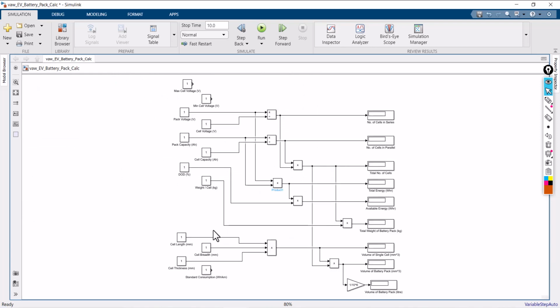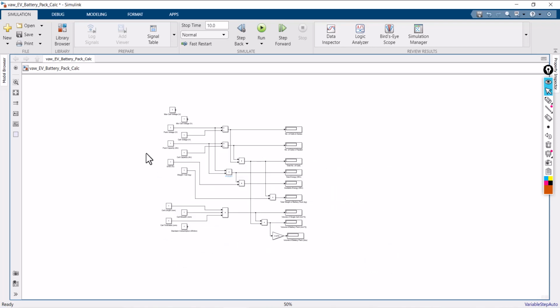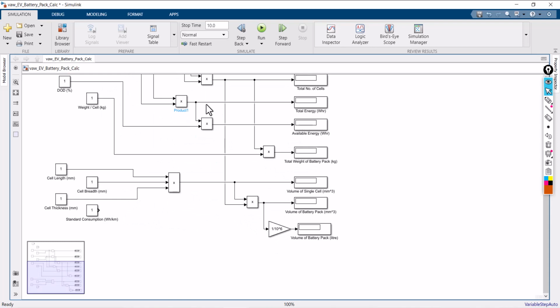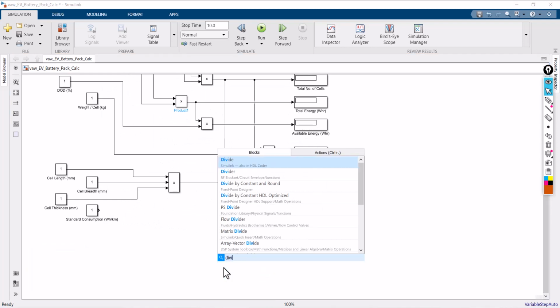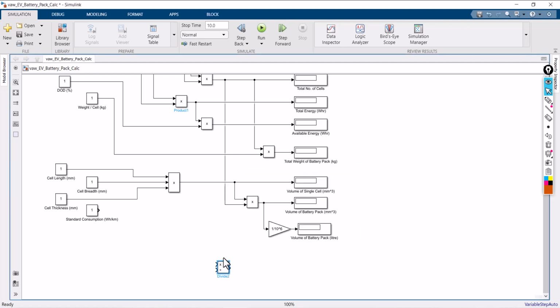Available energy divided by standard consumption will give you the range of the vehicle.